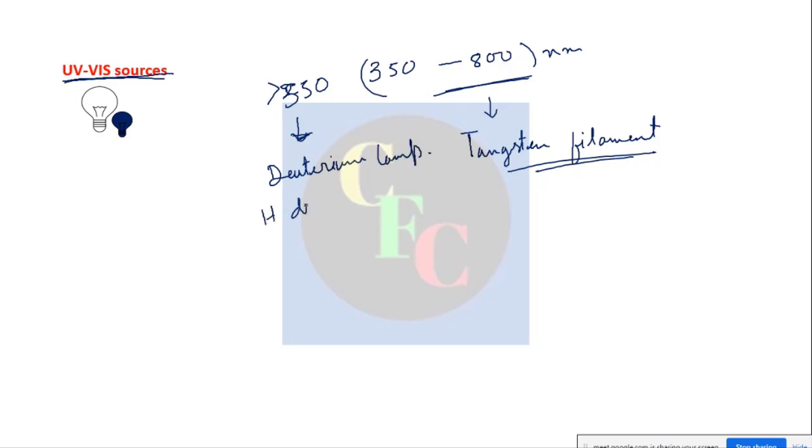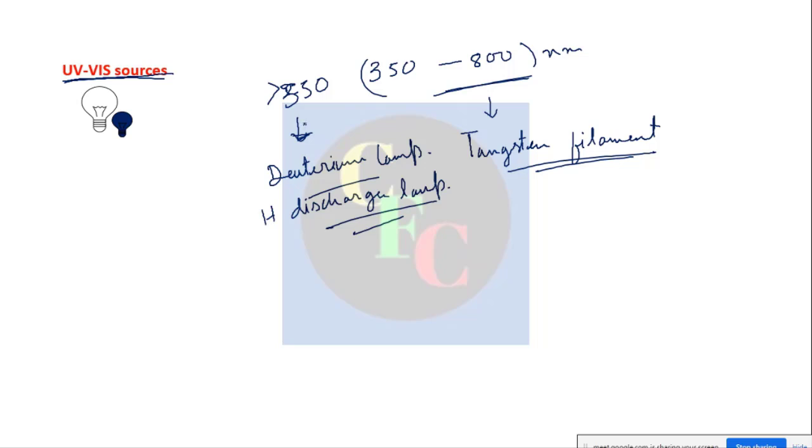They serve as the source of the UV region. So the source is very important.